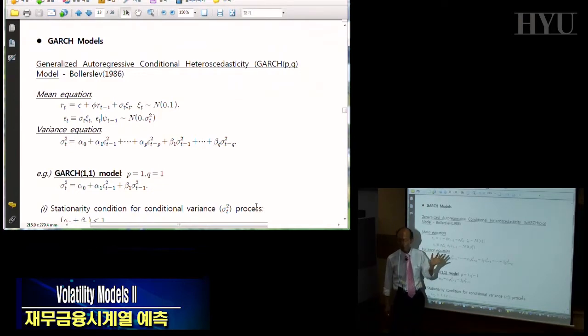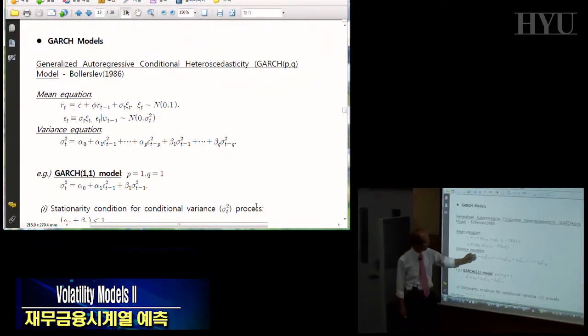It's conditional. Conditional on what? Well, this psi is the notation indicating the information set available up to t minus 1, right?